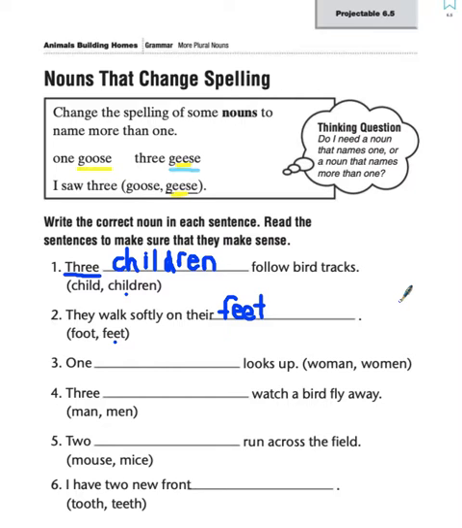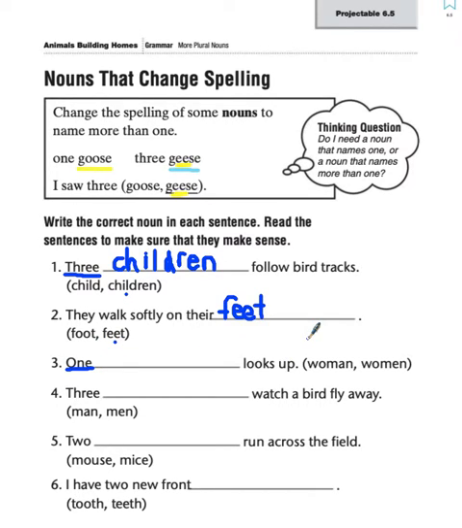That makes sense. All right, looking at the next sentence, 1 blank looks up. Well, I see this word one right away. And 1 tells me that it's just singular. It's only talking about one thing. So we have woman or women. Well, I could put woman in the sentence. Let's see if that makes sense. 1 woman looks up.